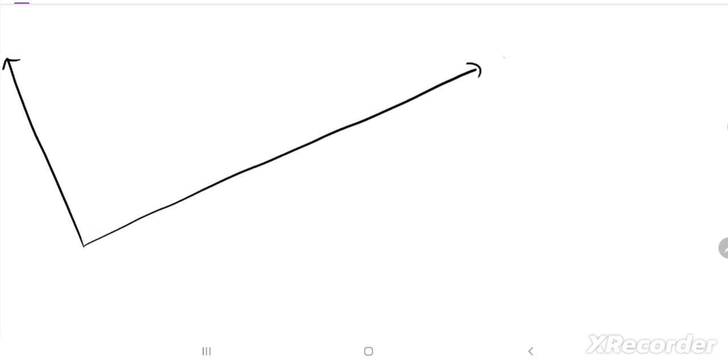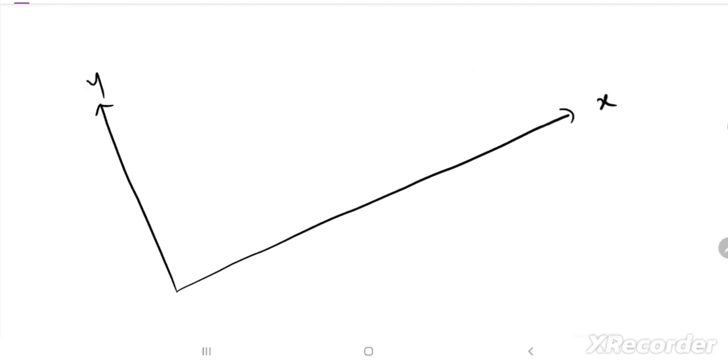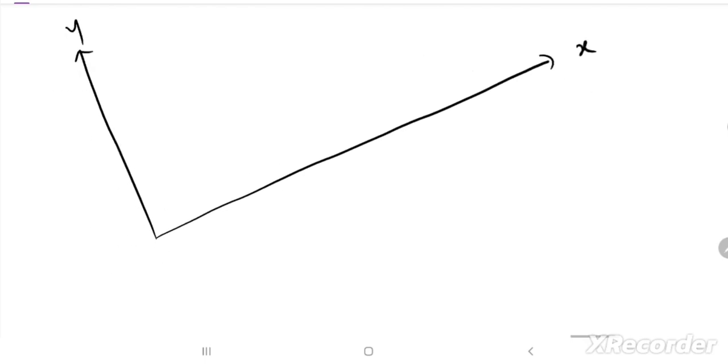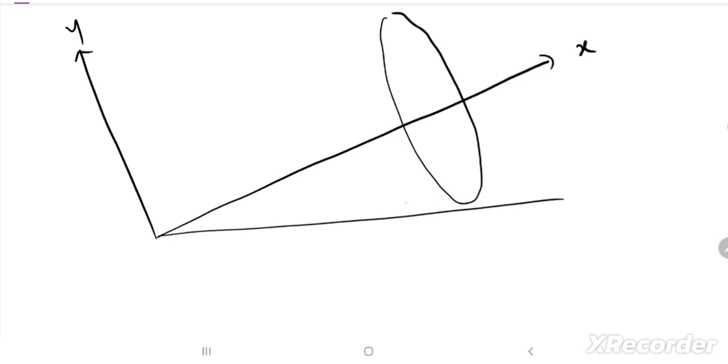So let's get started. Tell me one thing: if I consider this to be the principal axis, this is my x axis, this is my y axis, and here's my disk.